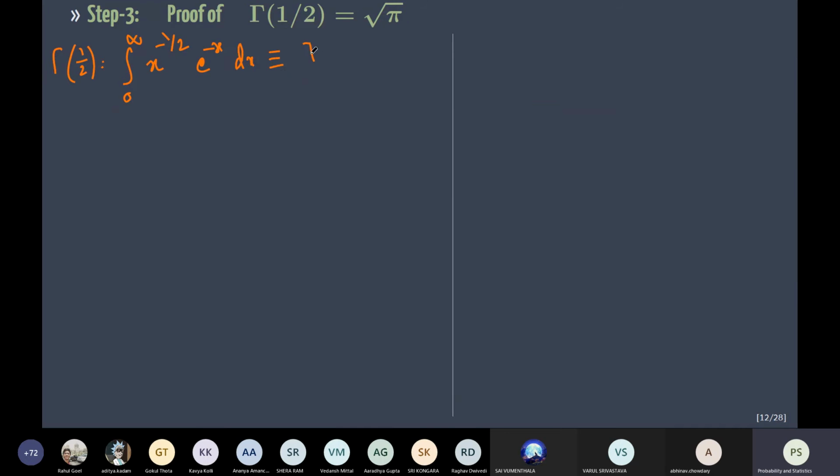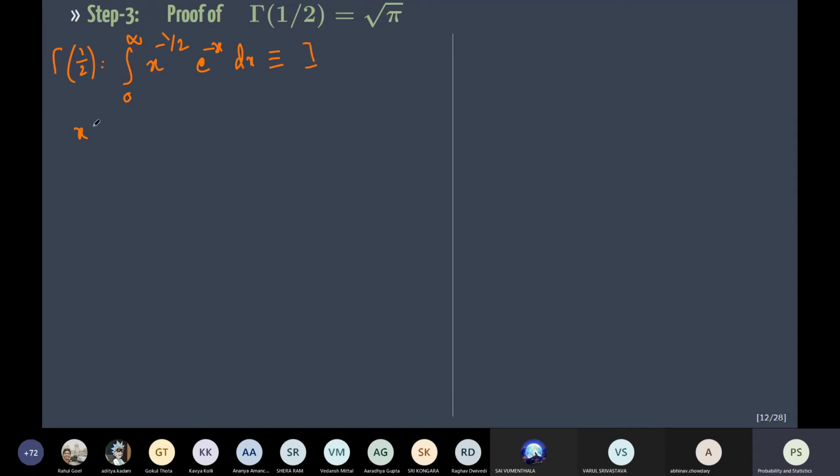Let us say this is some I, and I want to change this into a form that is related to the standard normal, by doing some good substitutions.